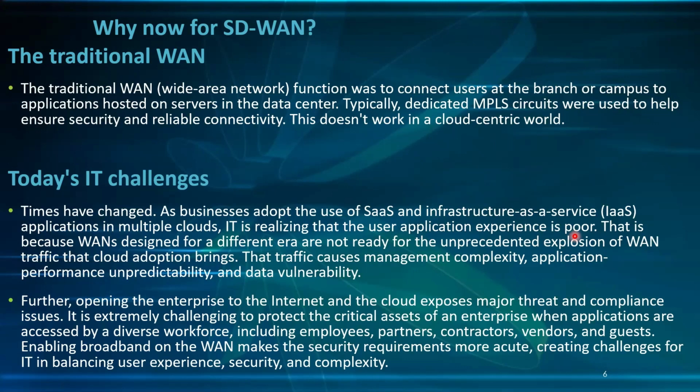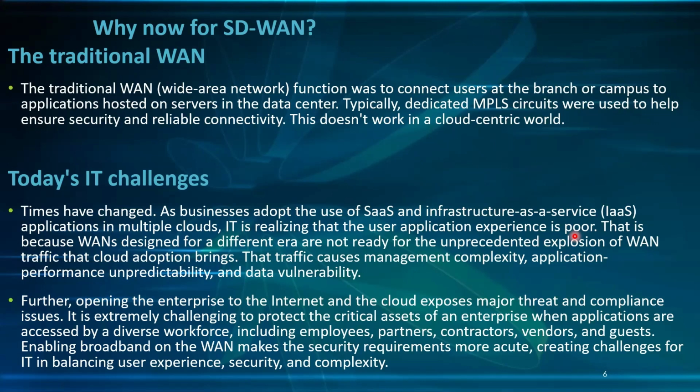But now, since you are going to use multiple cloud providers, you take all the traffic to your central data center, and from that central data center to AWS or Azure or Google, or any other cloud service provider like Oracle and others.